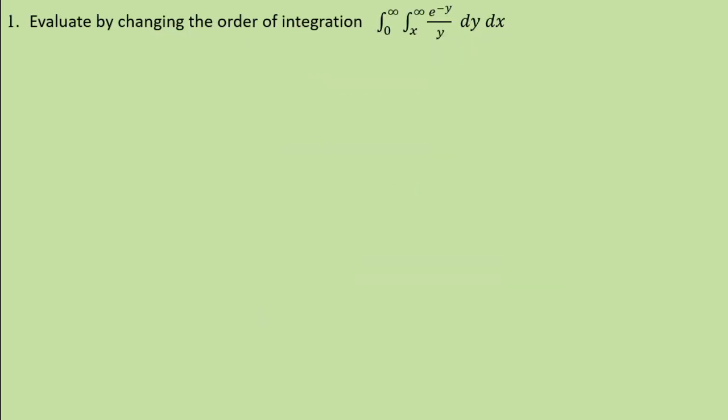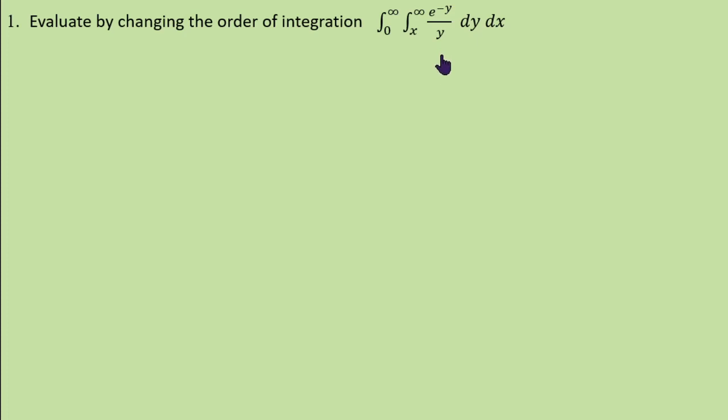Now, the first question: evaluate by changing the order of integration. The integral from 0 to infinity, x to infinity, e power minus y by y, dy dx. This is the best example to show that some double integrals cannot be evaluated in the given order.